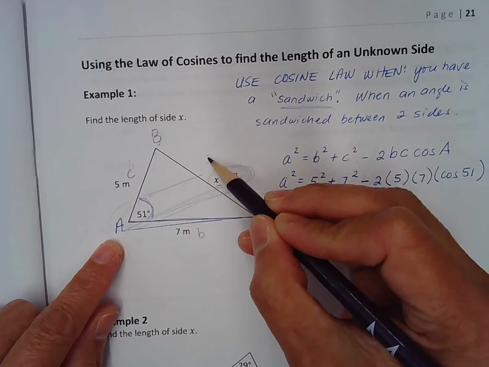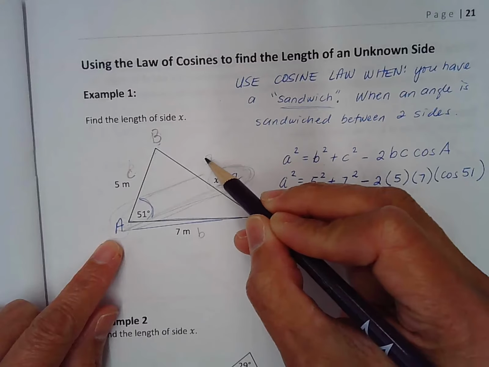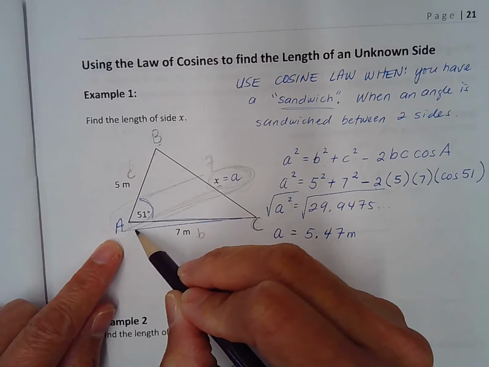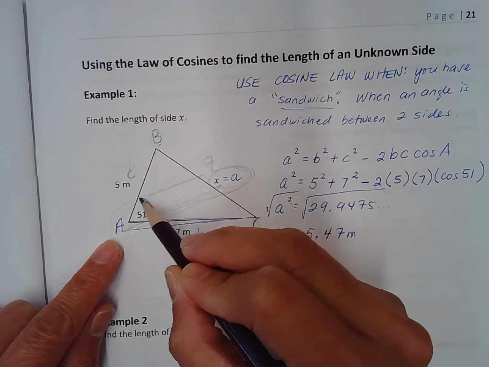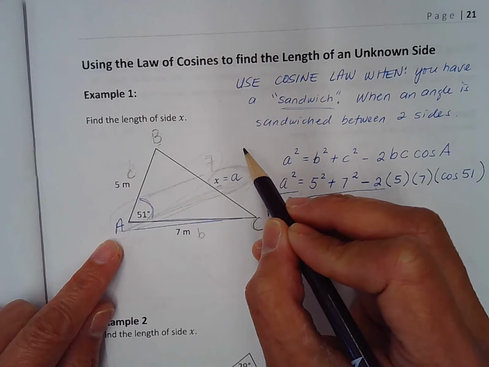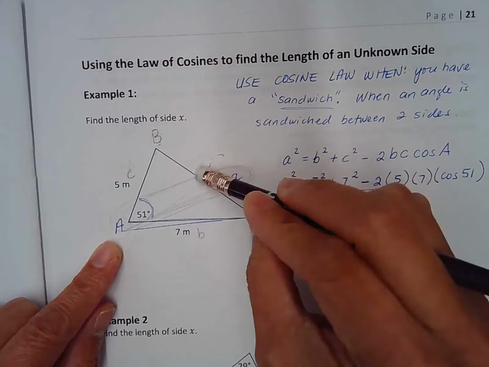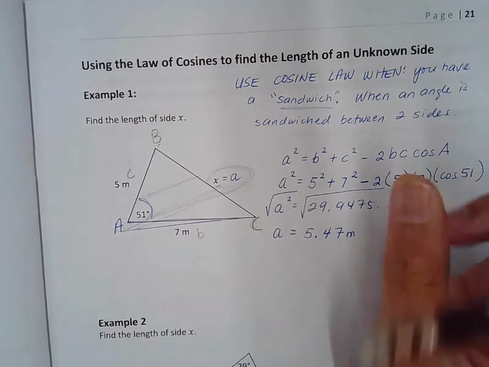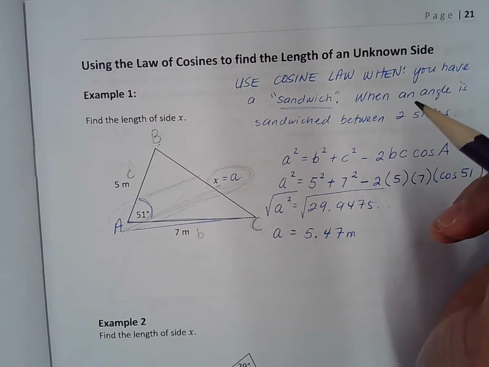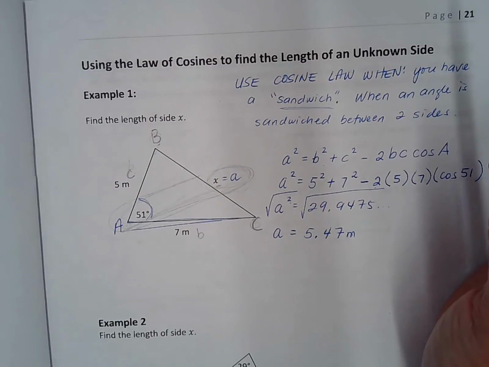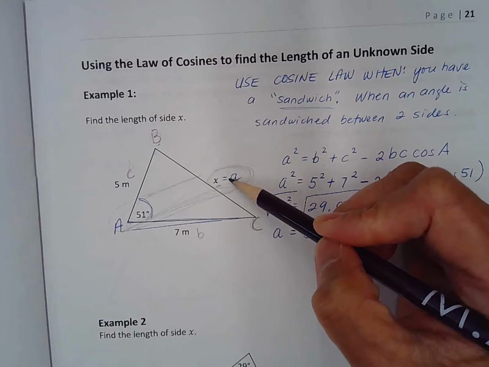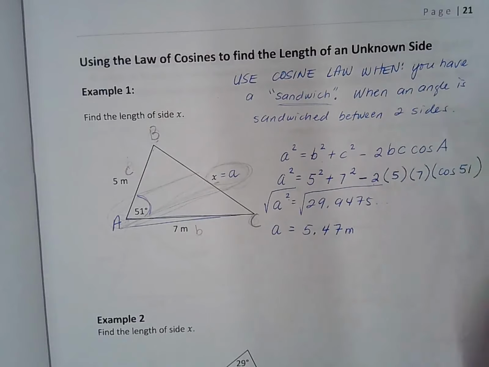If x is 7, then we won't be using the cosine law, we would use the sine law because we have a complete ratio. Can I replace B here?